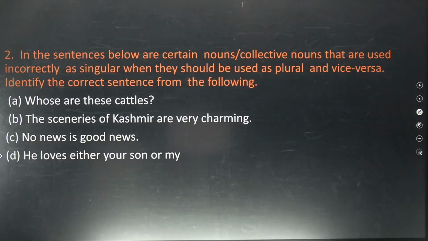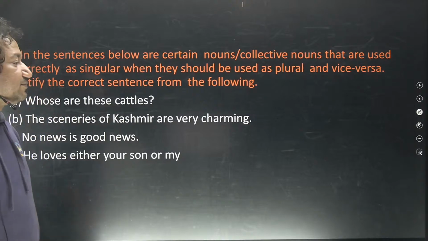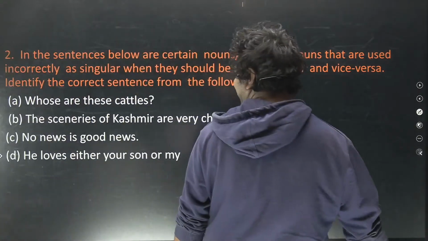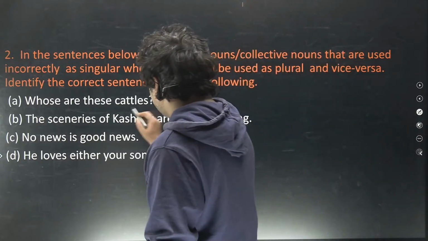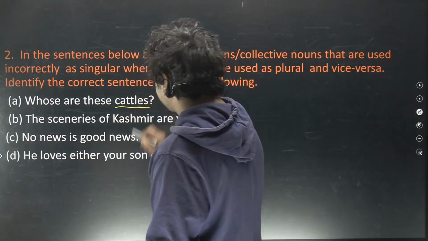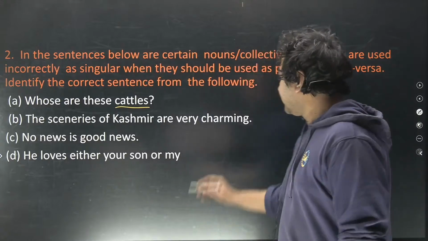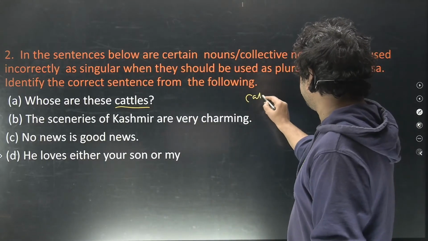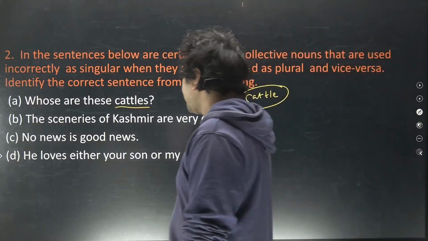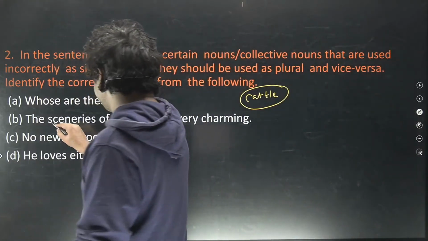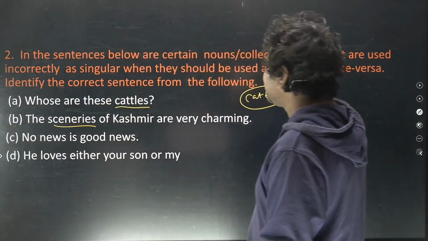This question is very easy, so it might give you some confidence boost that IIFT is actually easy, the English part specifically. Whose are these cattles? See, this word cattles is a wrong word. There are no plural for it. So when we say cattle, it's basically a collective noun. We don't require any plural form of it. The sceneries is wrong. It should be only scenery.